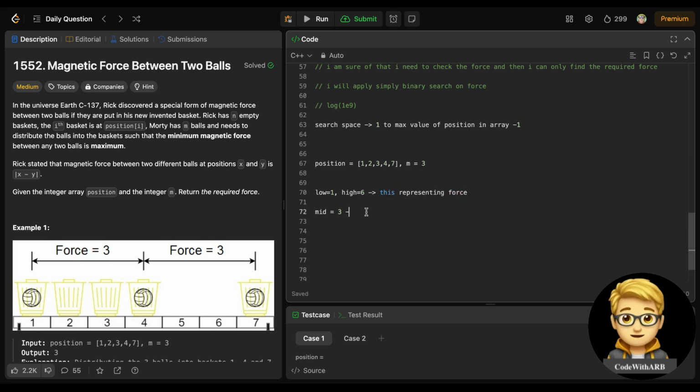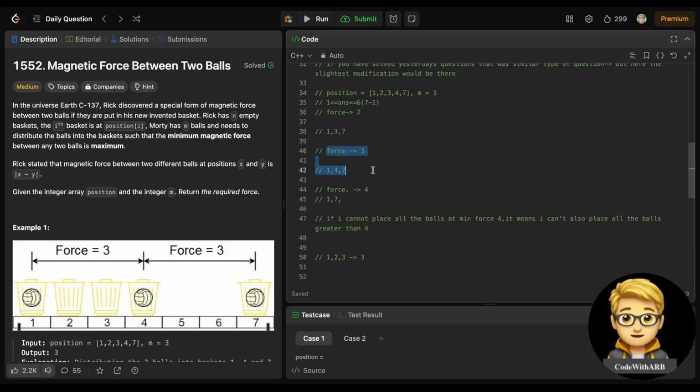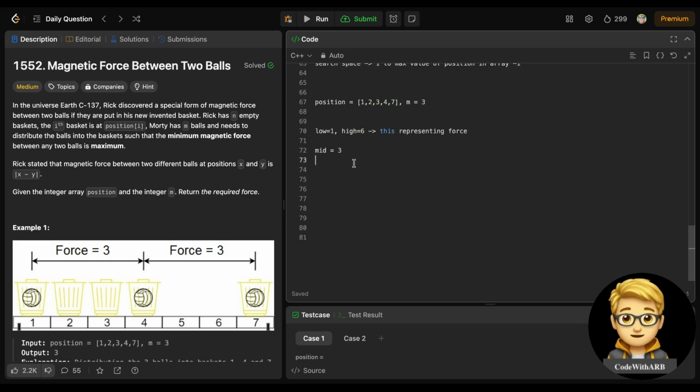We will check on this force value whether at this force value I can place all the balls. So this mid is 3, and I have shown you at position 3, the positions are 1, 4 and 7. So I can place all the m balls at specific positions, right?